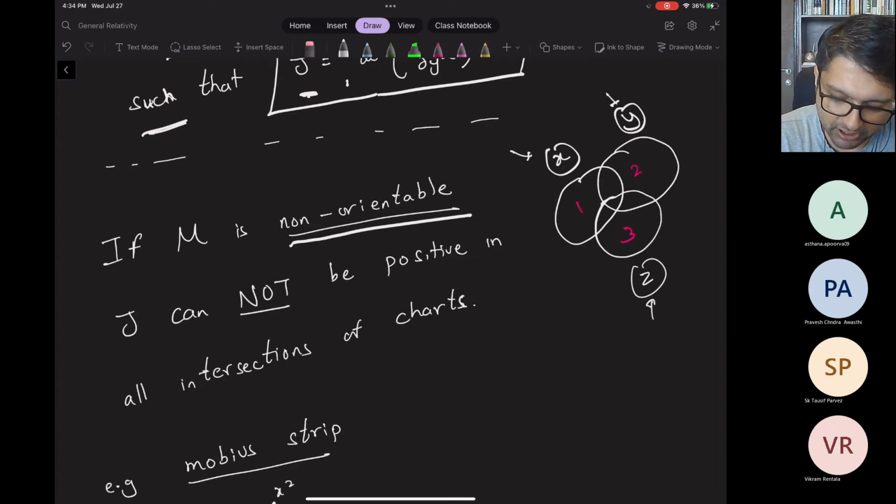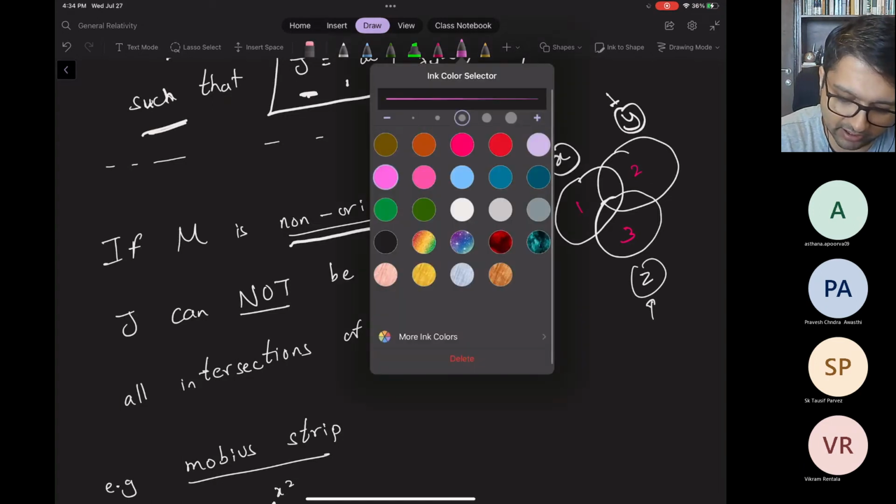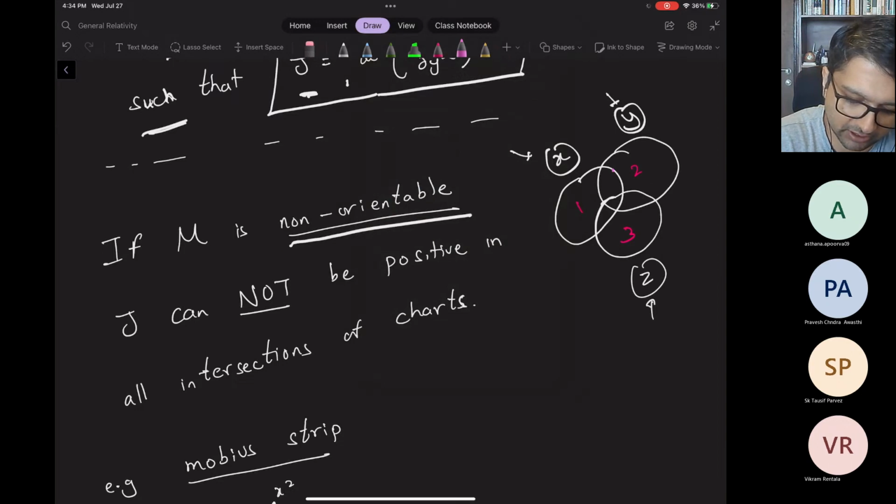The claim is, suppose I choose the coordinate systems on 1 and 2 such that everywhere in their intersection I find that the Jacobian is positive. Then these coordinate systems X and Y on U1 and U2 define the same orientation of U1 and U2.